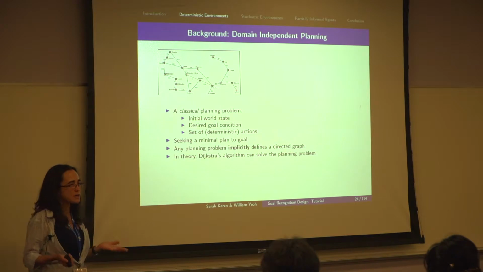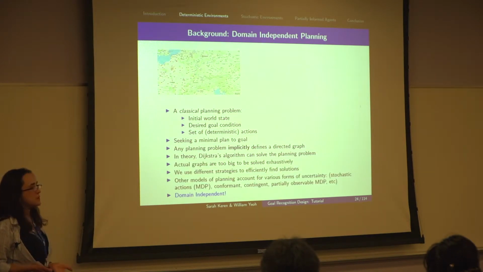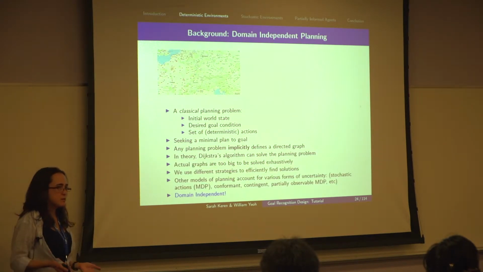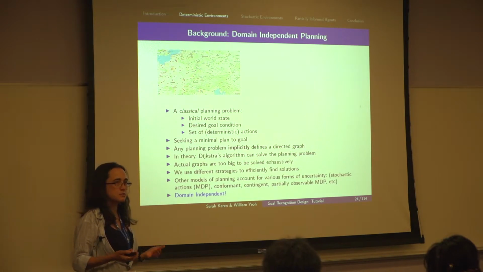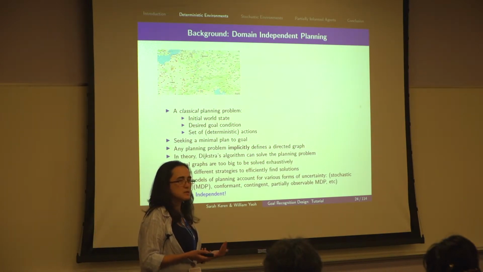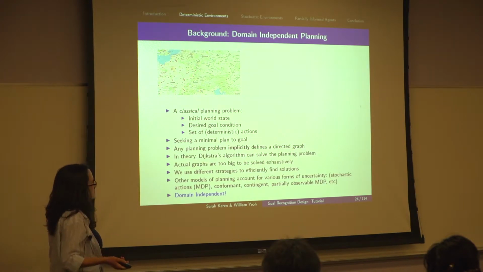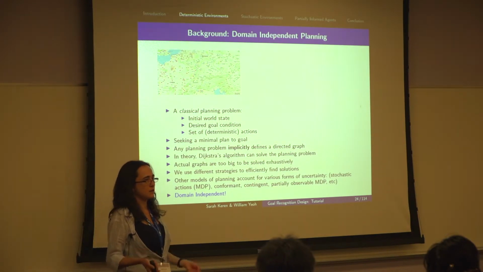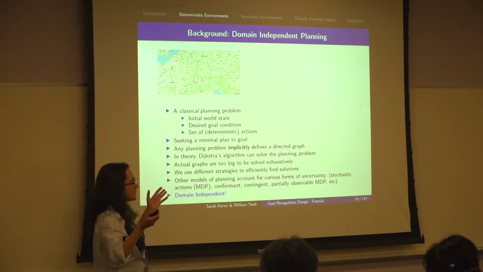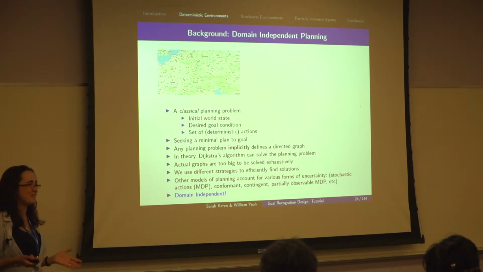But what we are actually interested in are large domains where exploring the whole state space is infeasible. We want to find a path from an initial state to a goal state, and we are interested in domains where doing this really requires finding efficient techniques. So this whole conference is about that.